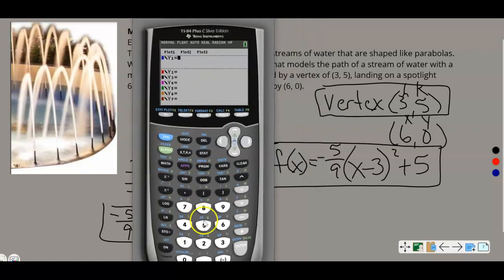All right, so let's graph negative 5/9 times parentheses x minus 3 squared plus 5. Graph.